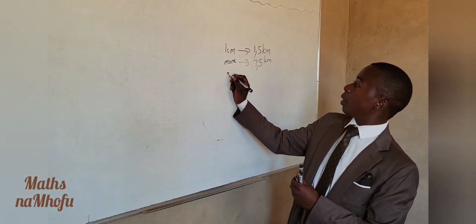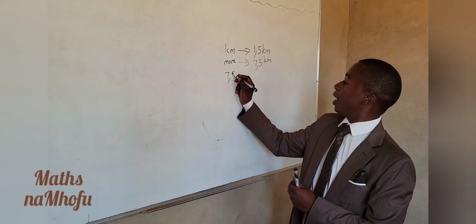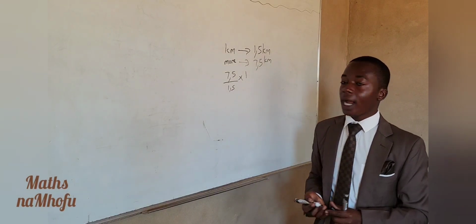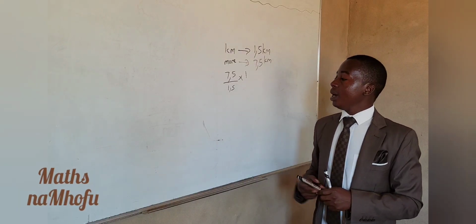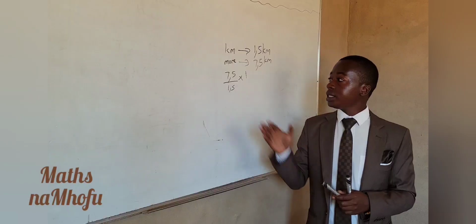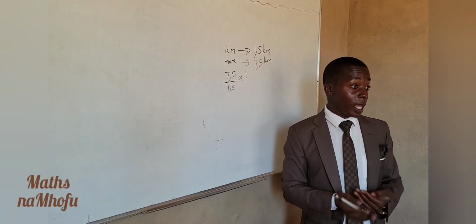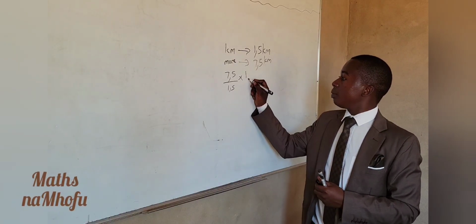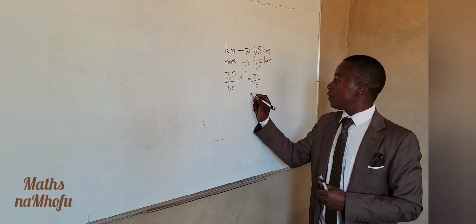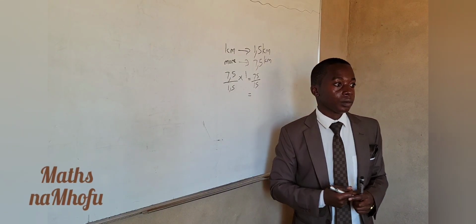So if you're using improper fraction, 7,5 over 1,5 times 1. Right? Remember, when you are dividing like this, if you have commas, you can just remove the commas by multiplying by 10. So this is the same as 75 divided by what? By 15.